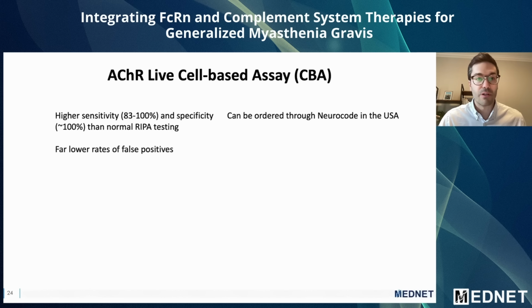So much better than our normal RIPA testing, with a far lower rate of false positives. So it's another utility of this test. So certainly if you have that low titer of the AChR antibody and say the clinical history isn't adding up, you can test for this as well to help sort that out. So if this were negative, then that could be further evidence that that was a false positive.